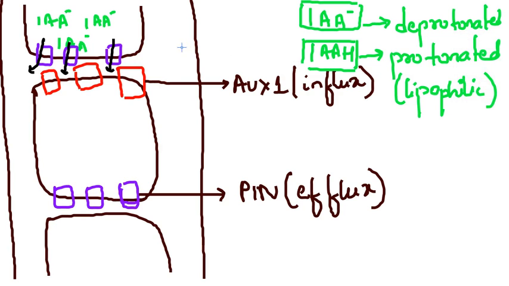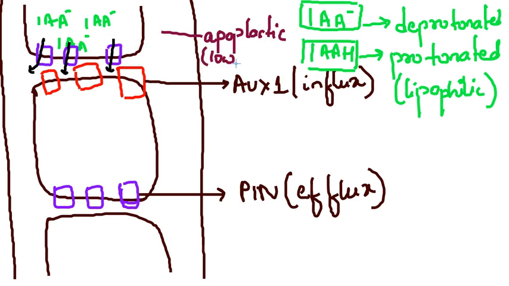So this region is known as the apoplastic region. IAA from the previous cell is released first into the apoplastic region. This apoplastic region has low pH.